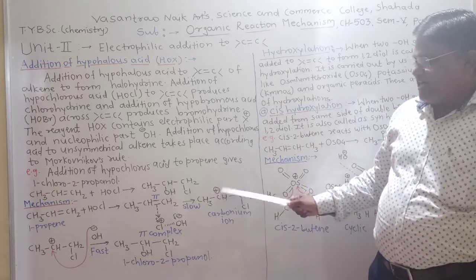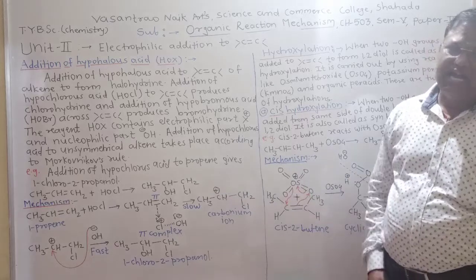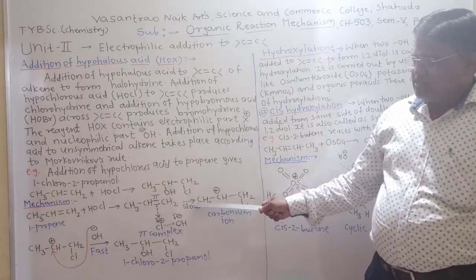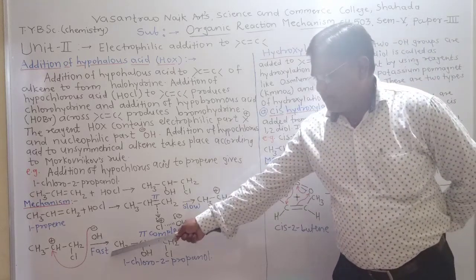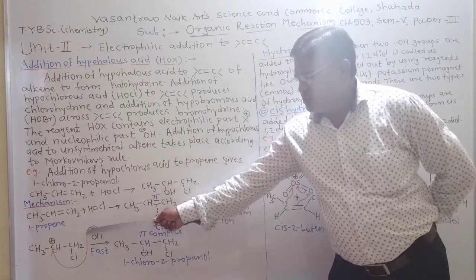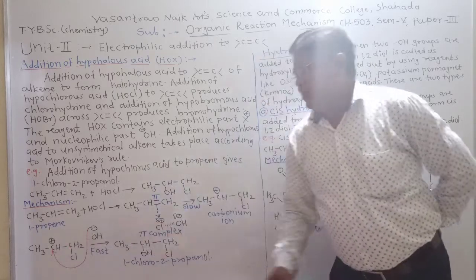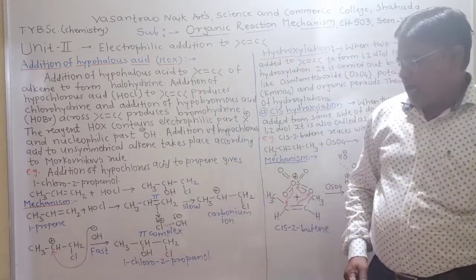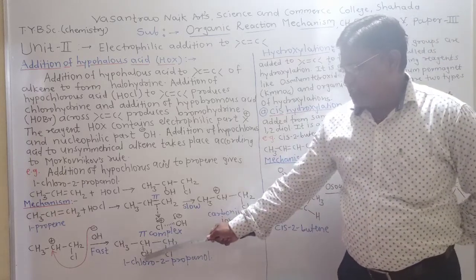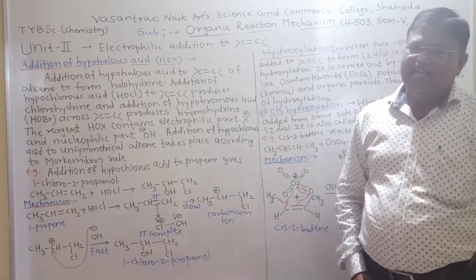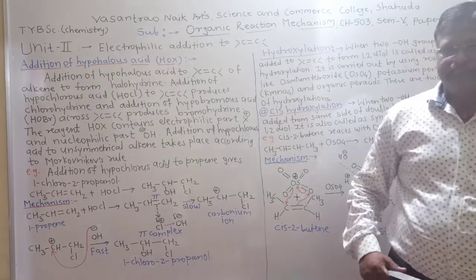A positively charged carbon atom is called a carbonium ion, and this is the slow step. In the fast step, what happens? This negatively charged nucleophile attacks the electron deficient carbonium ion to form a new C-OH bond, and we get 1-chloro-2-propanol as a product.